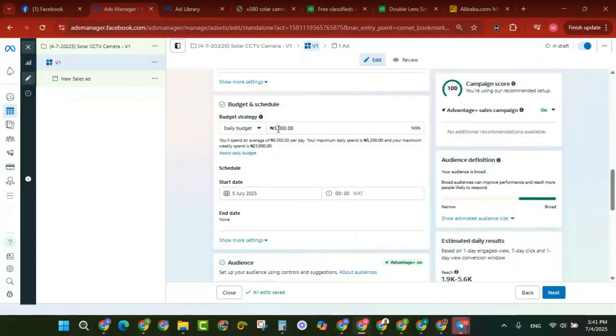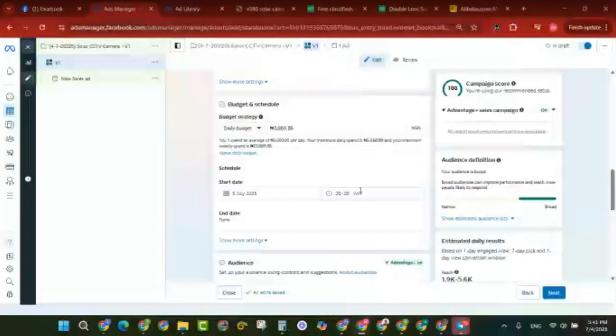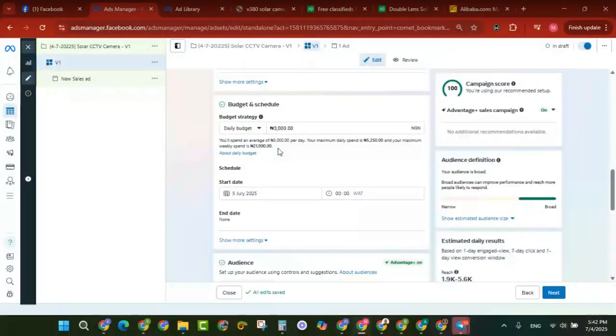And it's going to spend this 3,000 naira throughout the day, for the whole day. You can see what they said here: you will spend an average of 3,000 naira per day. Your maximum daily spend is 5,250 naira, and your maximum weekly spend is 21,000 naira. Do you understand this? That means some days you are going to spend more than this, and some days you won't spend even up to 3,000 naira, depending.